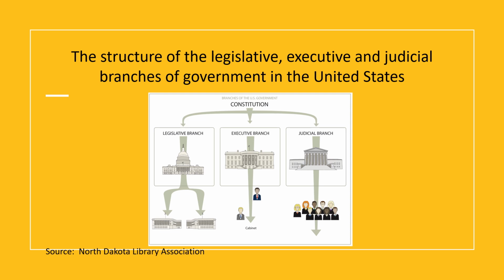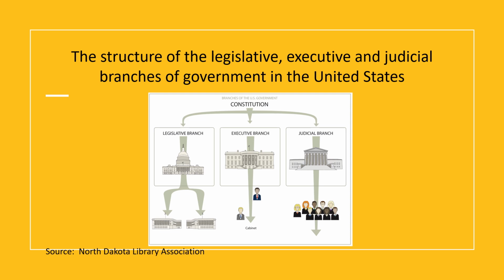Now we go back down to the third or lowest level of the information graphic, and we see that there are two chambers of the legislative branch. There are some powers that are shared by both chambers, and there are some powers that are unique to each chamber. So they are equal in how they are presented here, but they are also different in meaningful ways.